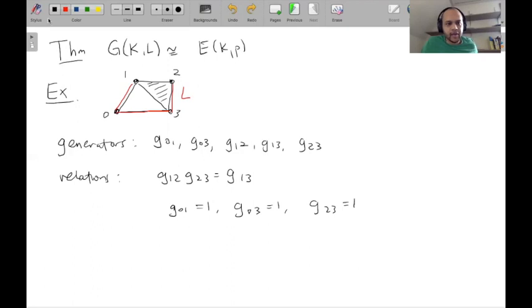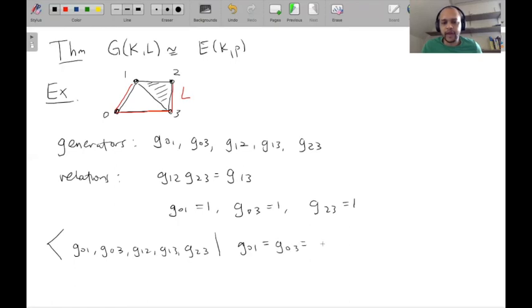So let's see about this. We start out with this presentation. We have these generators, and then we have these relations. So this defines a certain group, and we can simplify this presentation to try to understand what group we actually get.